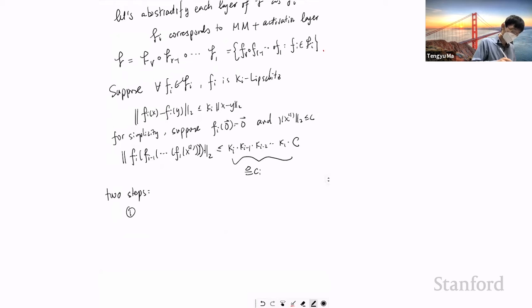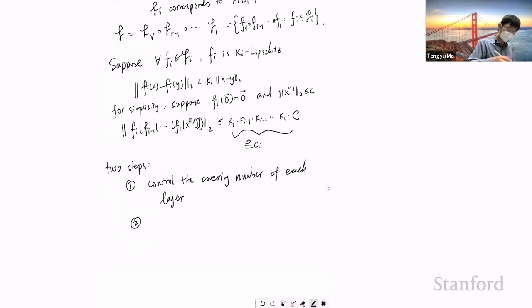First, you control the covering number of each layer. And second, you have a combination lemma.